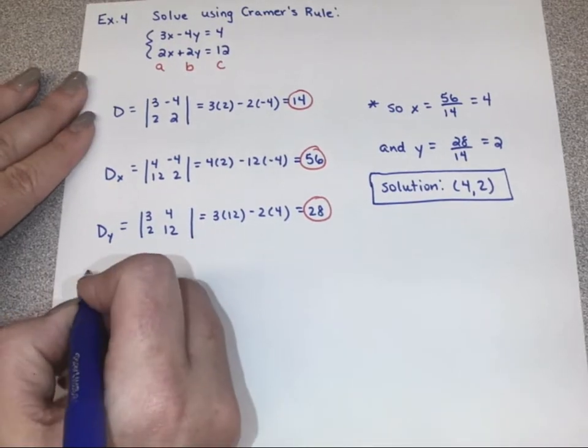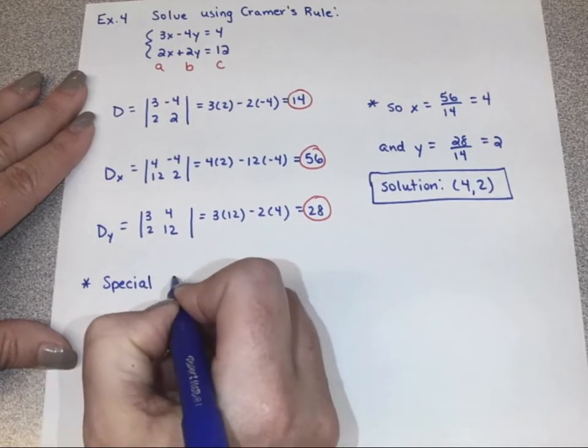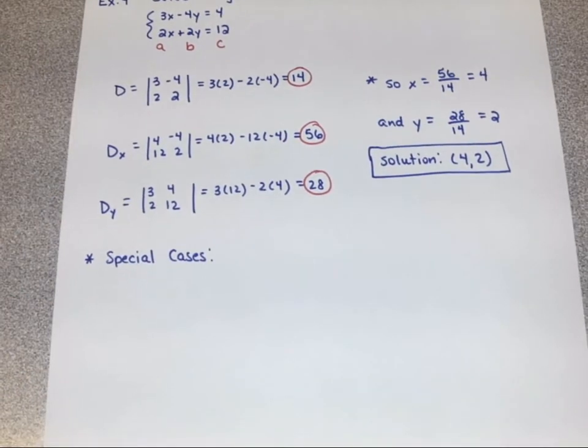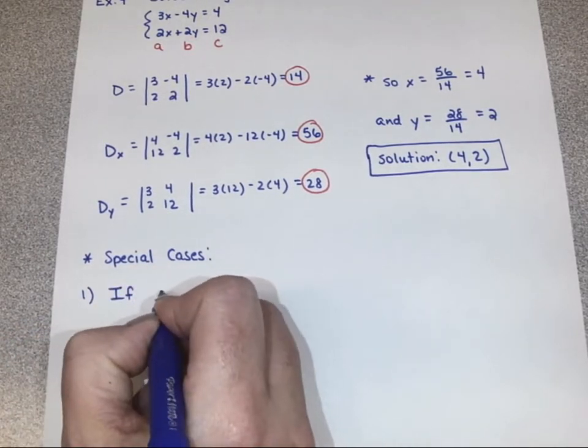So let's talk about the special cases that you can get. The special cases are maybe there's no solution at all, or maybe there's an infinite number of solutions. And so you're going to need to know how to tell when you get that on this method.